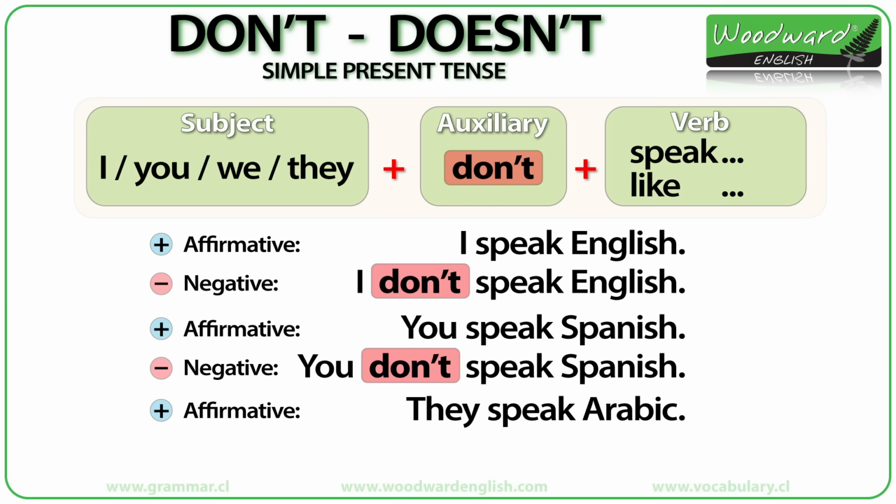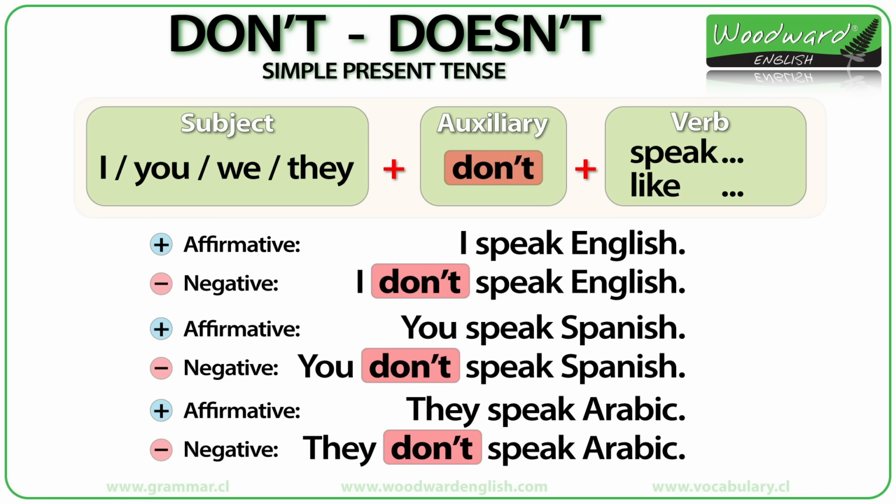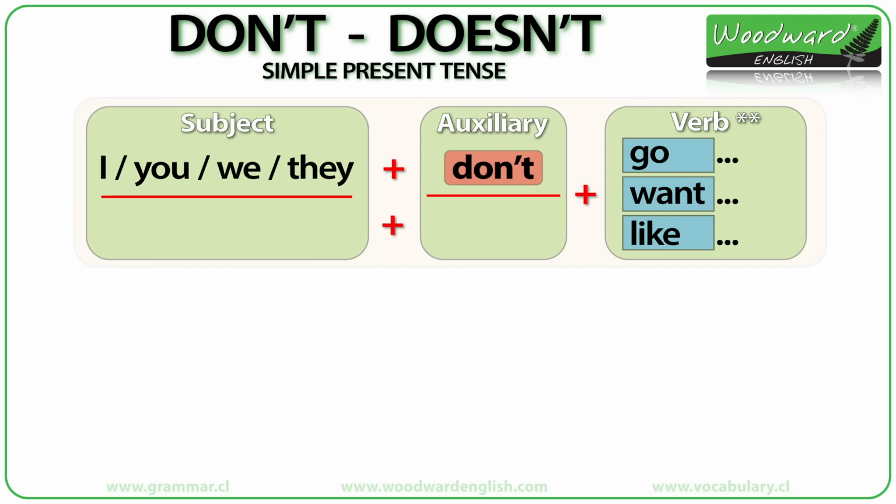The negative is they don't speak Arabic. You see that don't makes the sentence negative when the subject is I, you, we, or they. So, with I, you, we, and they, we use don't and then the verb.